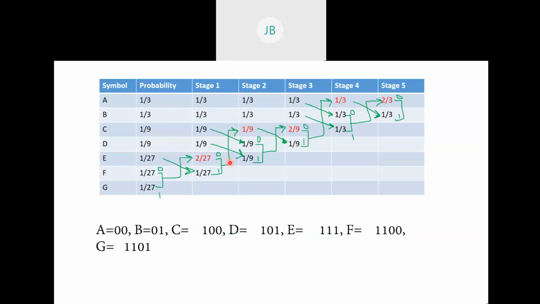I should go to 0 here, and from there I need to get down and get a 1 here. So my code word is 1101, right? So that's what's written here, 1101. So this is how we assign the code word for every symbol by using backtracking. That's the method of the Huffman encoding scheme.